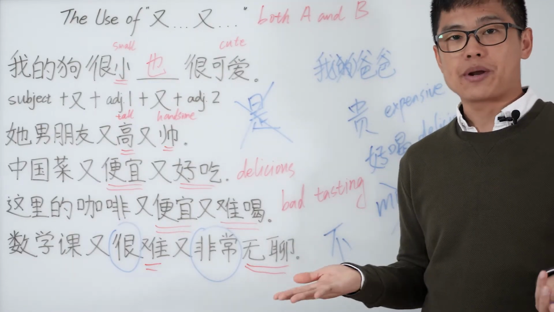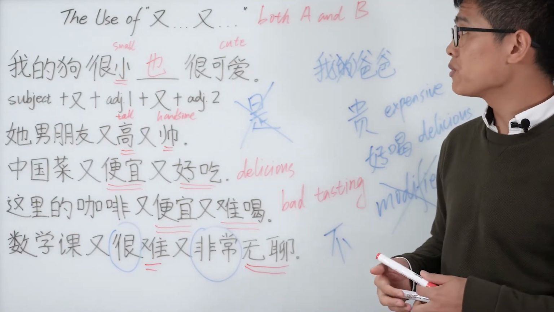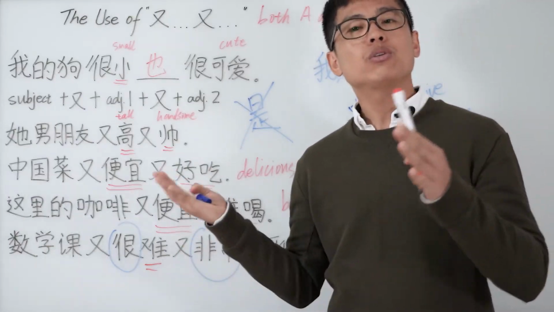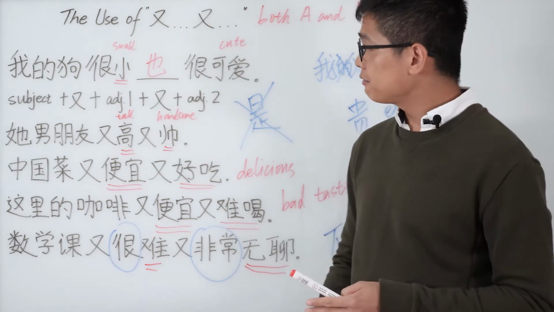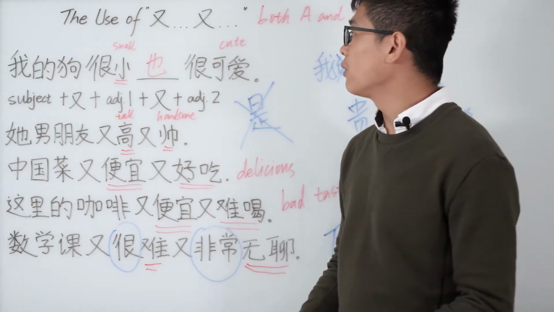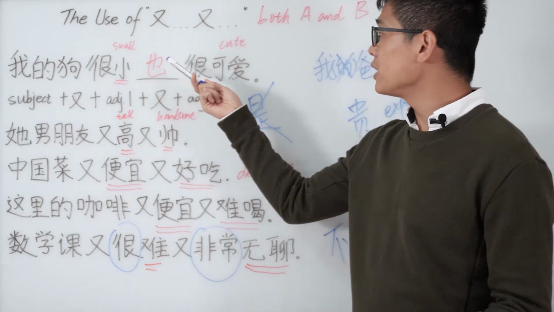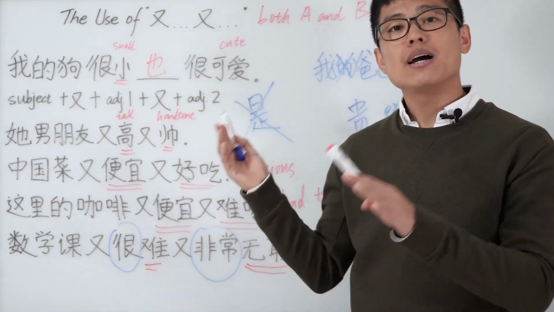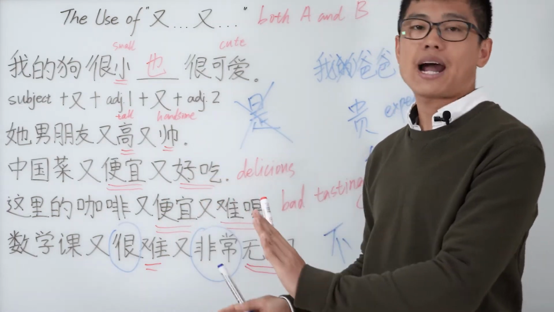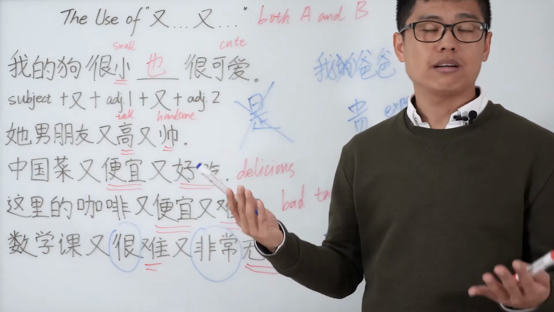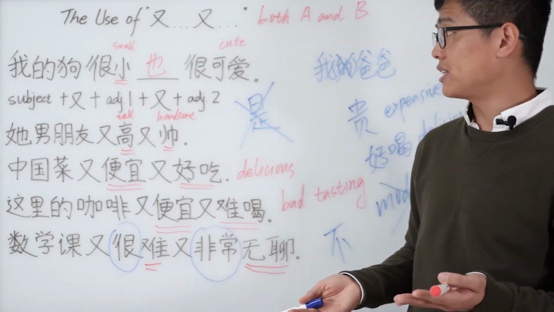Let's just quickly recap what we talked about today. We talked about how to use two adjectives if you want to describe an adjective. The first sentence we reviewed, a simple way to say it, okay? 我的狗很小也很可爱. Just remember that just because in English we say cute and tiny, we don't say 和, instead we say 也. Also here in Chinese.